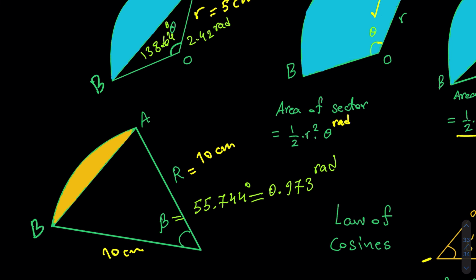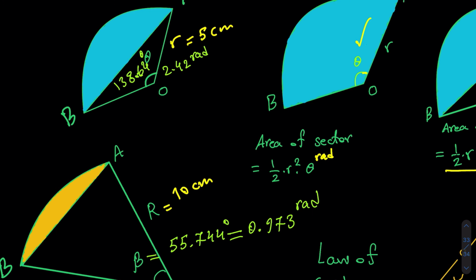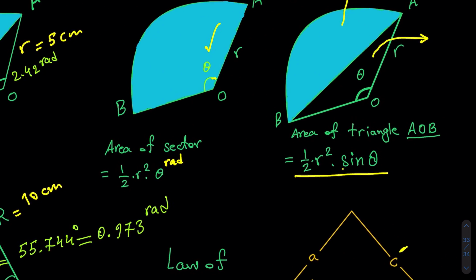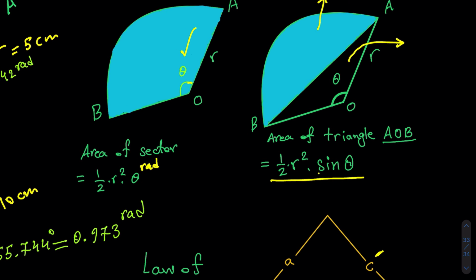Okay, this is the value in radians. So now we have the radius and the values of both angles, and then we can simply find this shaded area by using the formula that we have learned during the lesson prior to this problem.